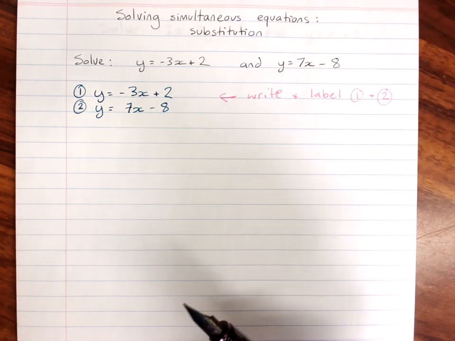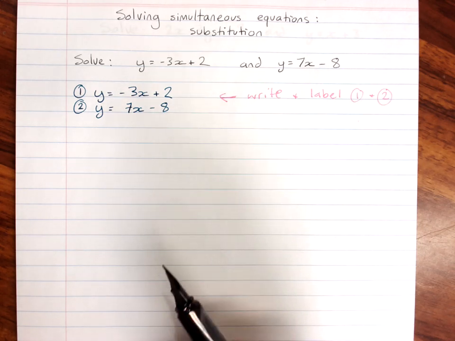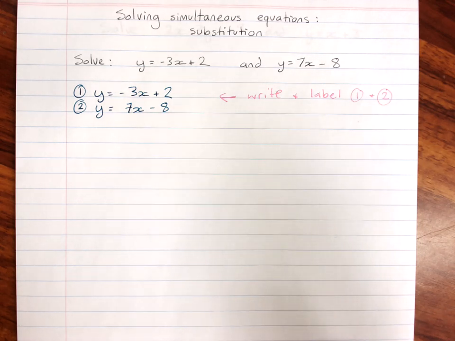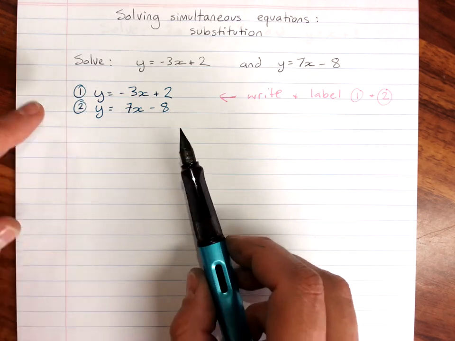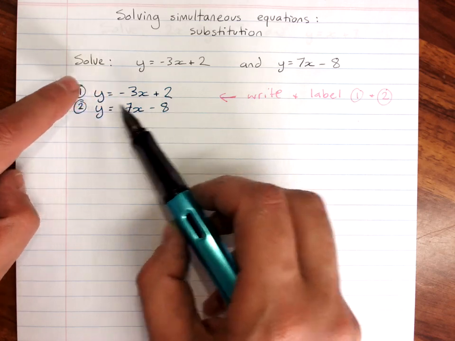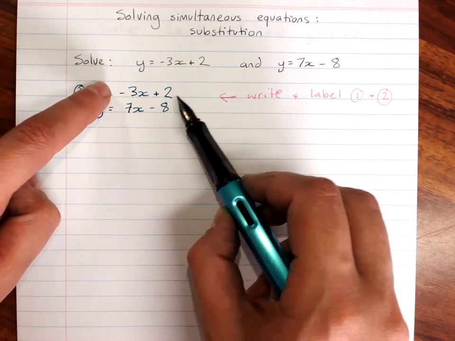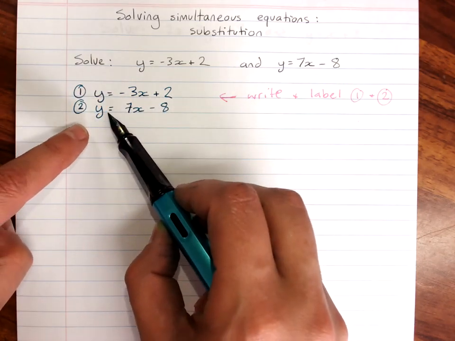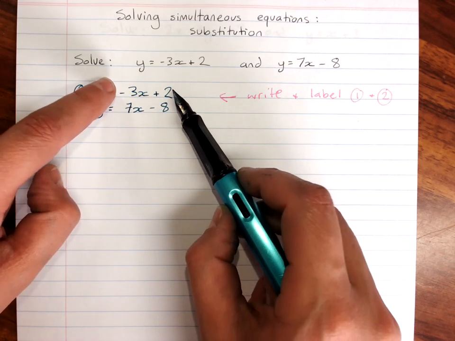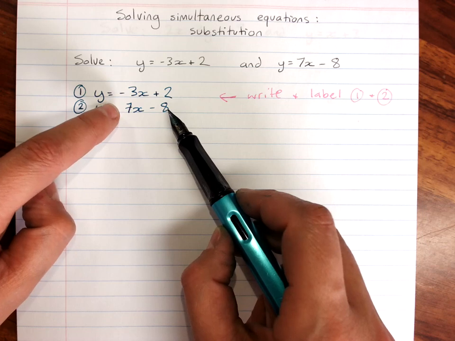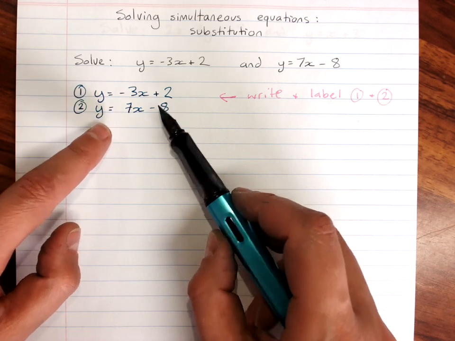Now, as I said in the previous video, algebraically, what we are aiming to do is to get rid of one of the unknowns. This is a nice example for how, because y equals negative 3x plus 2, but y also equals 7x minus 8, which says that this equates to this. There's no need for the y's at all.